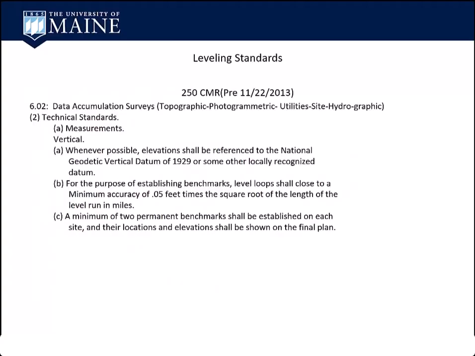So there are leveling standards. This is an out-of-date one in Mass. Mass has a goal standard now, where whatever you design, the survey has to meet the criteria of the client. But in the past, this is typical. The level loop shall close to a minimum accuracy of 0.05 feet times the square root of the length of the level run in miles.